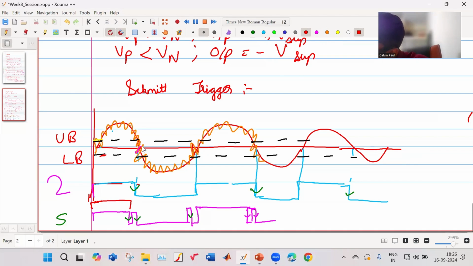And even though the signal goes above 0 over here, it has not gone above your upper band, so it will still remain low. It will continue like this, and over here it will go high. And when it falls lower, it is not going below the lower band, so it will still remain high.